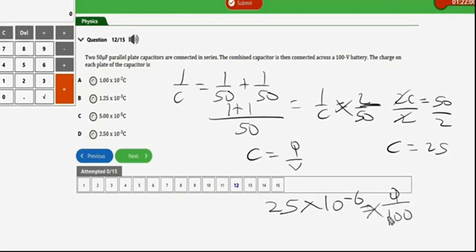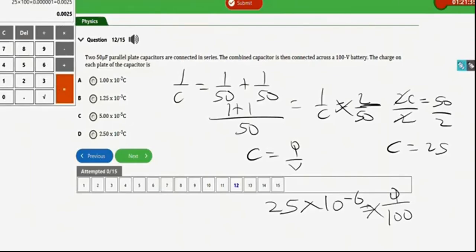When we cross multiply, let's punch this on the calculator. We have 25 times 100 times 10 to the power negative 6. Let's see the output. We have it to be 0.0025.